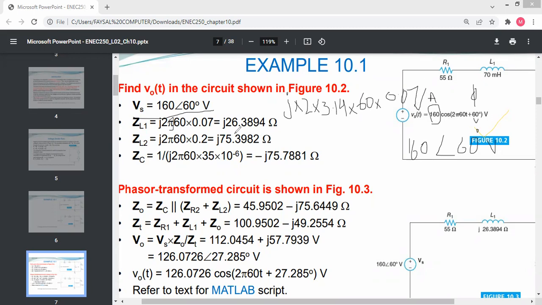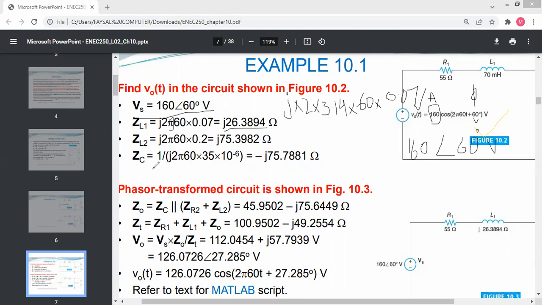After multiplication, my value will be 26.3894. Oh, I'm sorry. So for ZL2, it will be 2 pi into 60. Just multiply 2 into 3.14 with 60 into 0.2. So this will be my ZL2 value.